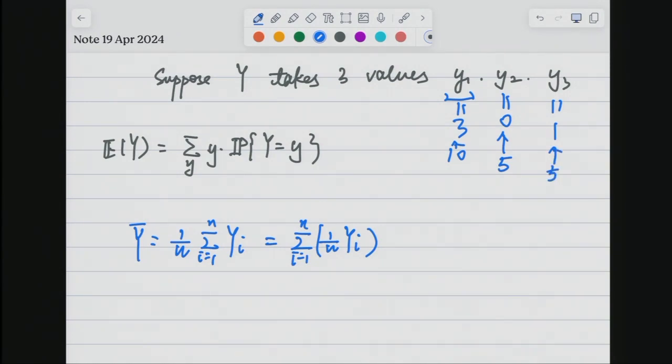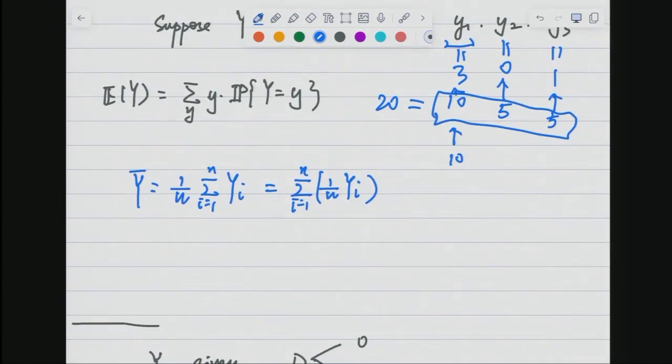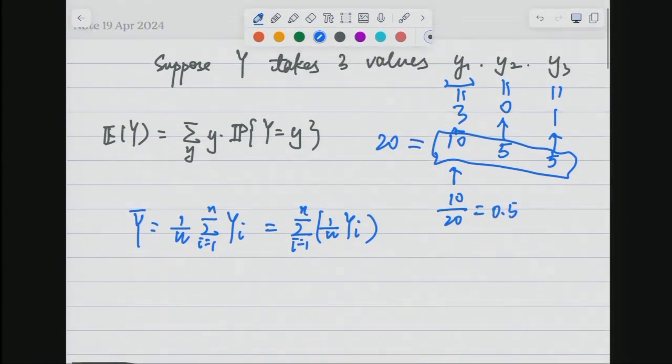So basically it means that in total, in the population, we have 20 observations where y1 happens to be equal to 3 with a probability 10 over 20, that's a half, okay? Whereas y2 happens to be equal to 0 with probability 5 over 20, that is just 0.25. And similarly, for the value that y3 can be, 1.